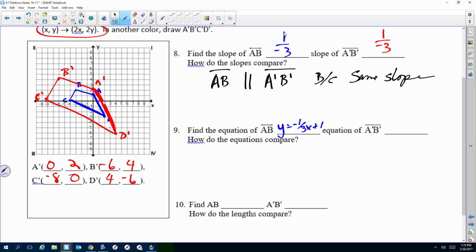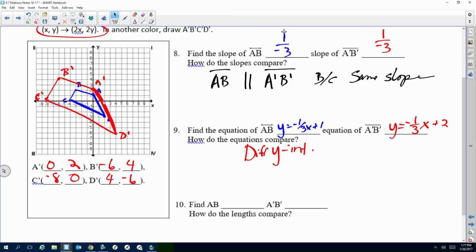All right, now we're going to do the same thing for our image, A prime and B prime. What would its equation be? Yep. And then compare them. Well, we know they have the same slope because they're parallel. The only thing that changed in the equation was the y-intercept, right? And look at that, 1 to 2, okay? So, different y-intercept.